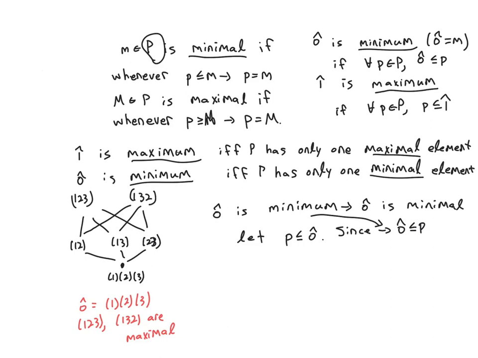And since partial orders are antisymmetric, we see that p is equal to 0 hat. That tells you that we've satisfied the condition for 0 hat to be a minimal element. So 0 hat is minimal.